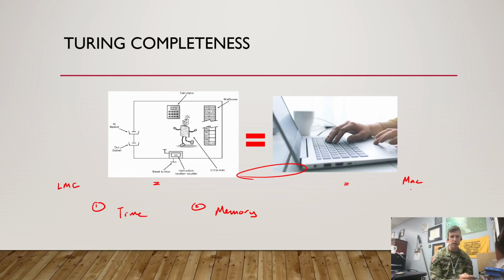But the Mac laptop, or whatever laptop is on your desk, is able to do things faster and more efficiently, using less memory, and that's what makes it a more desirable device than a computer that is implementing this conceptual model of a computer, the little man computer.